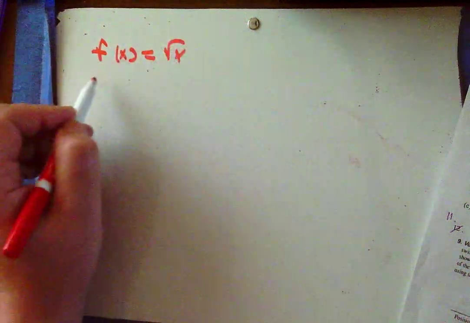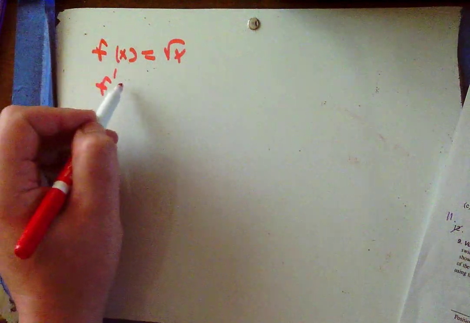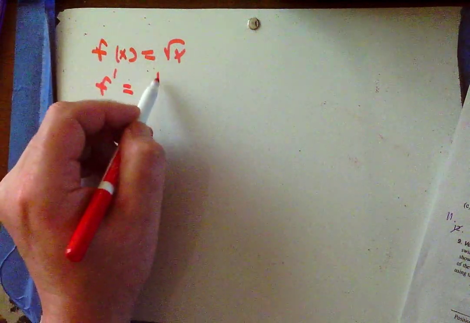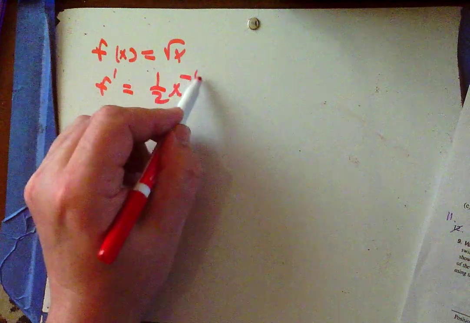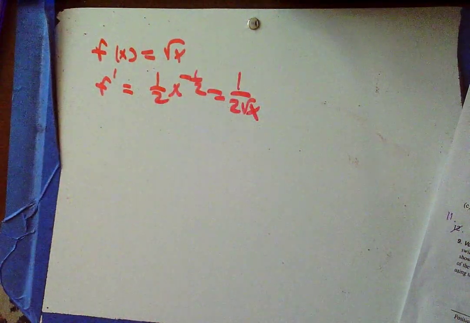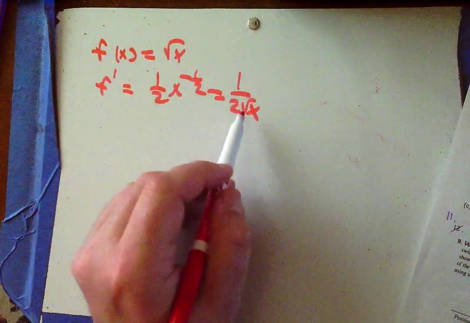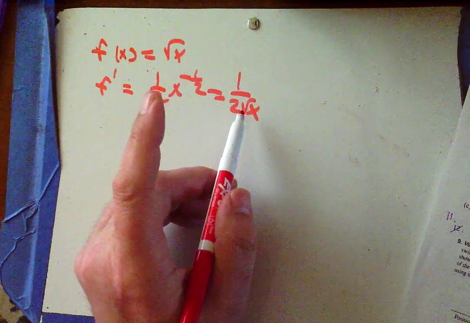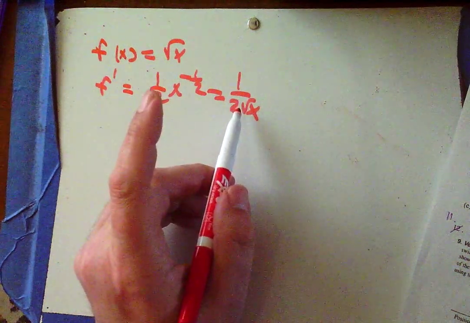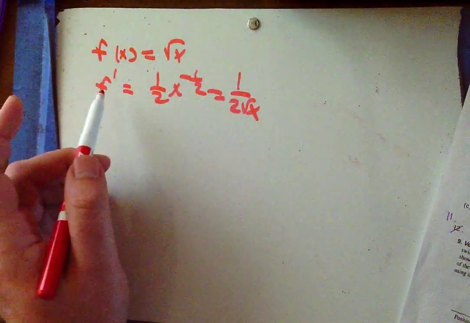The point P. Okay, so f of x equals square root of x. f prime, because I need the tangent line, I need a slope, so I get 1/2 x to the minus 1/2, or 1 over 2 root x. Now, wait a second, it says that this tangent line, tangent to f, is perpendicular to g.